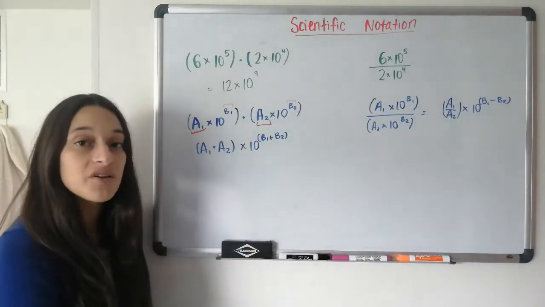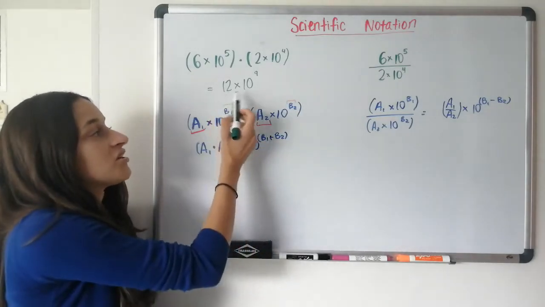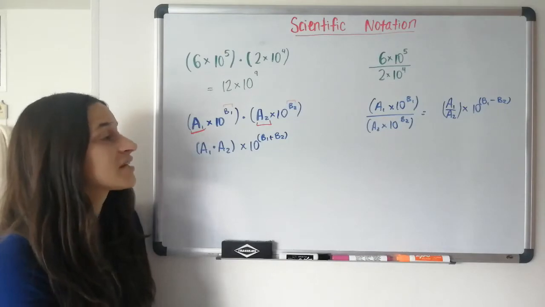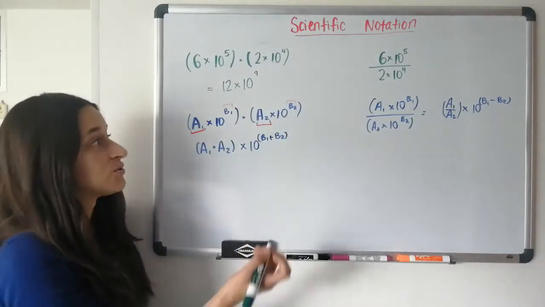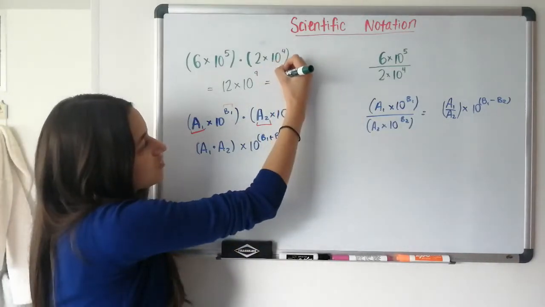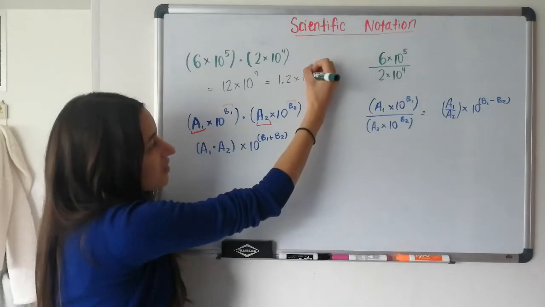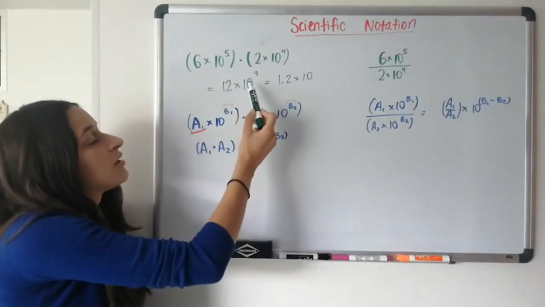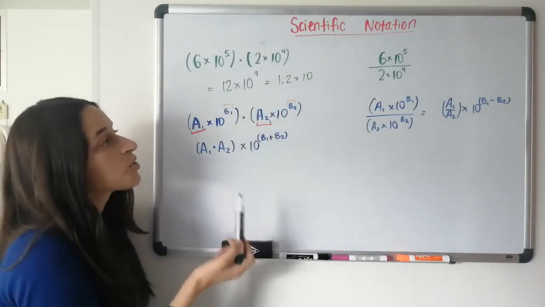We're almost there, but if you remember from the previous video, the number here needs to have a decimal point. It can't be a 12 without a decimal point. It has to be 1.2. So we're going to have to convert this to 1.2 times 10 to the something. But it's not 9 again, because now we move the decimal point one more place.